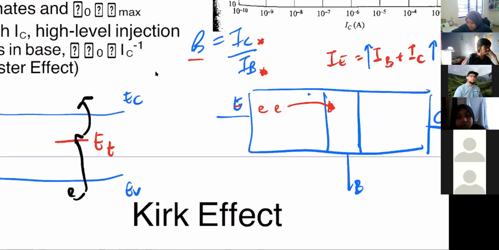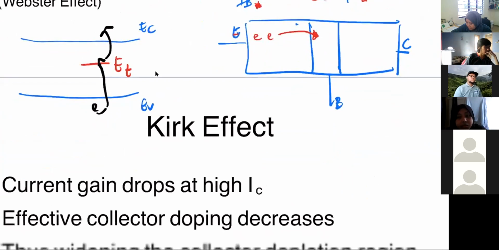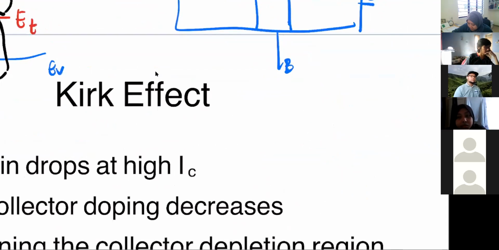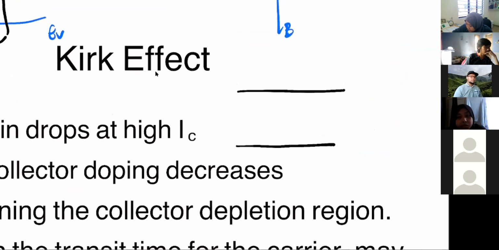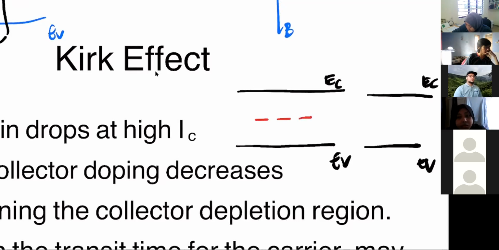At high current, what is the difference? Let me give you two examples.